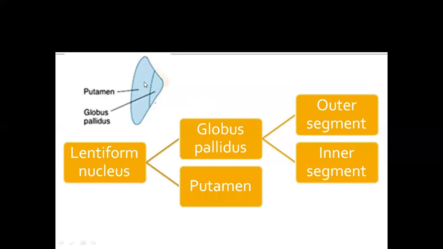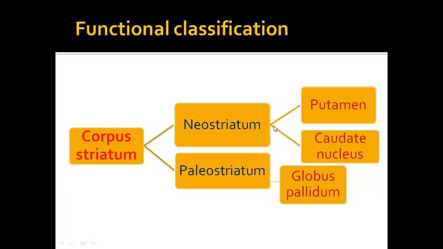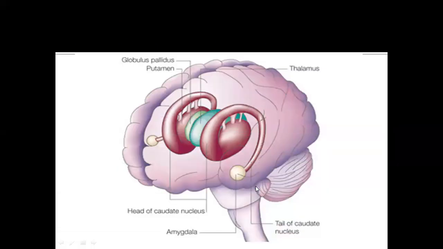The globus pallidus is further subdivided into outer segment and inner segment. The functional classification of basal ganglia: the corpus striatum is subdivided into neostriatum and paleostriatum. In the neostriatum, we have putamen and caudate nucleus, and in the paleostriatum, we have globus pallidus.